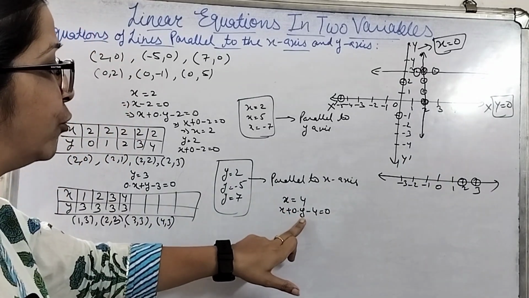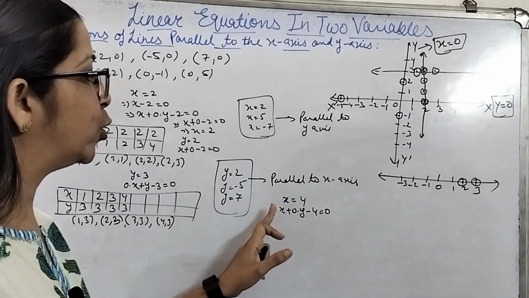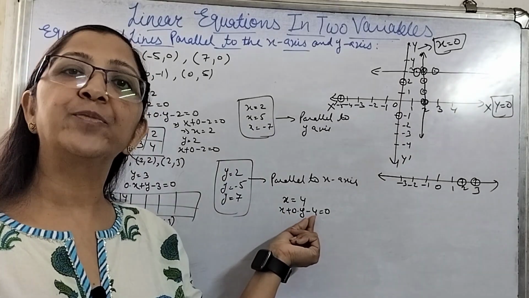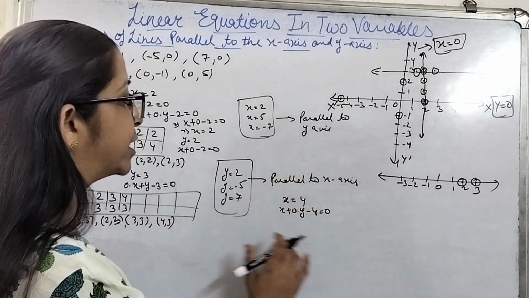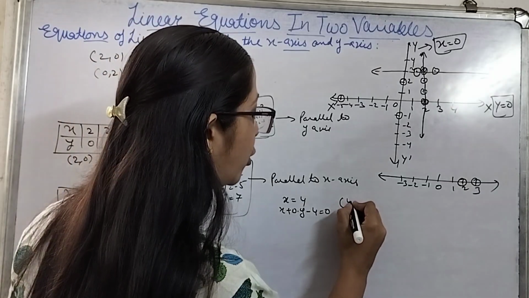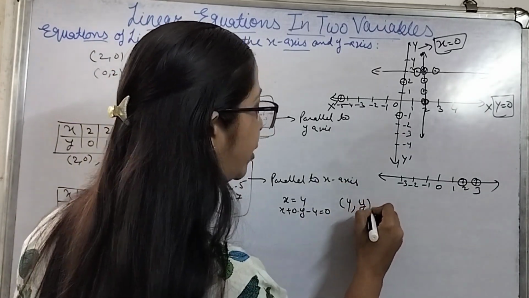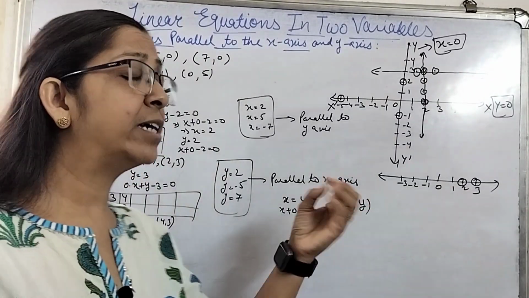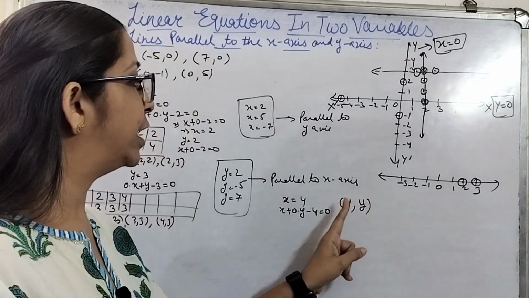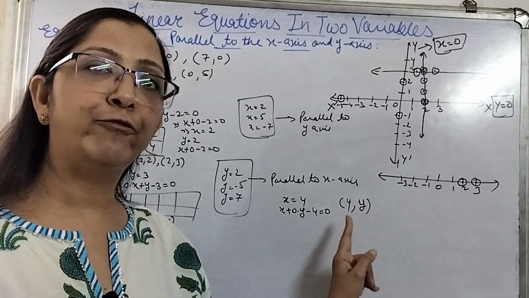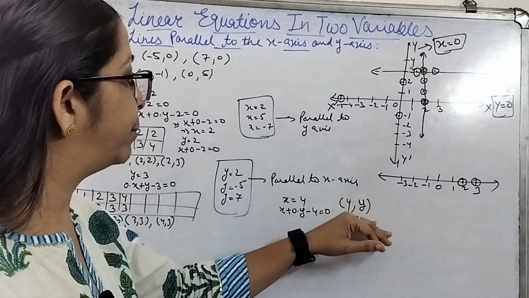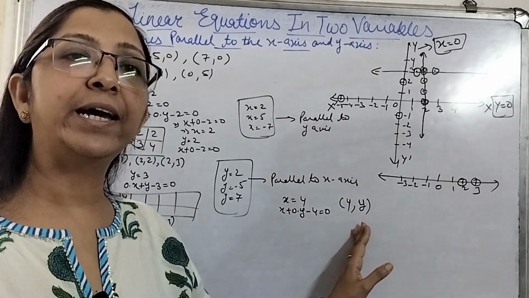Whatever value of y you keep, the value of x will always be 4 only. That means your solution will be of the form x is always 4 and y could be any number. So these types of lines will be parallel to your y-axis.